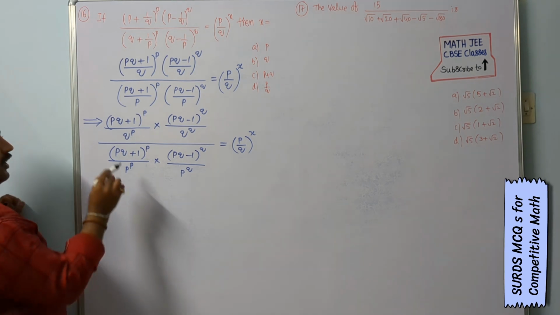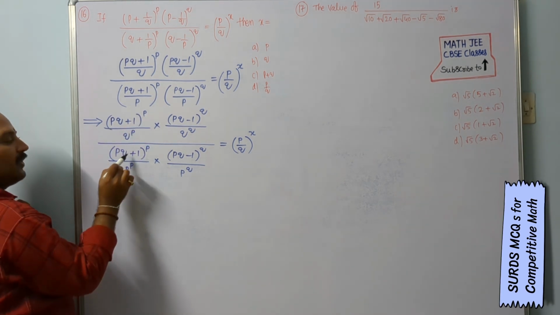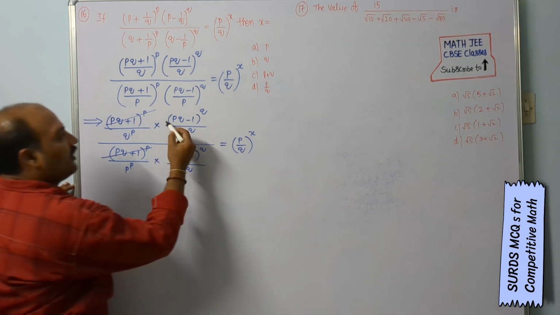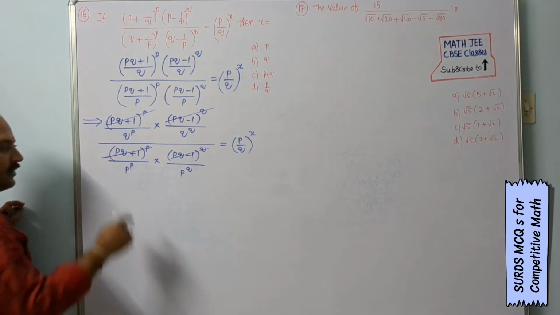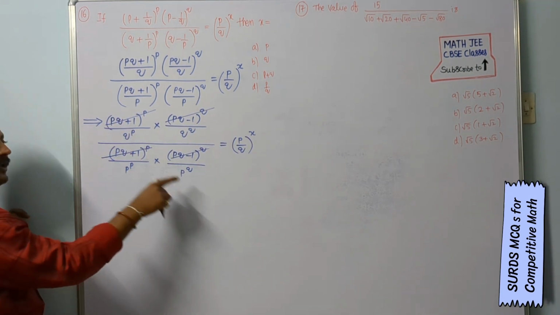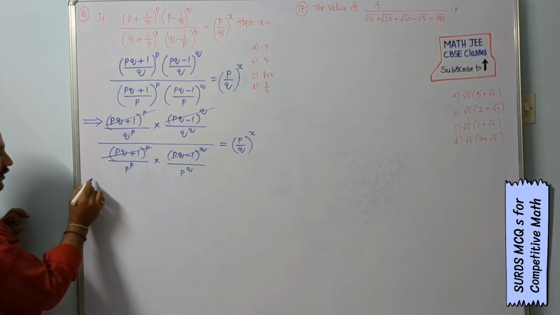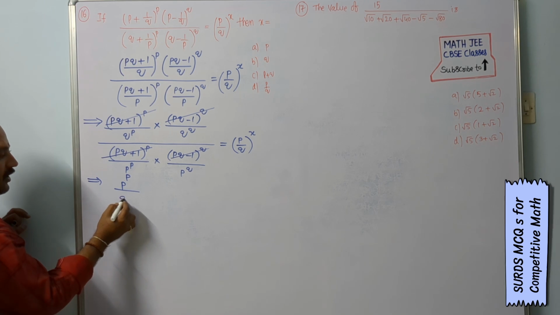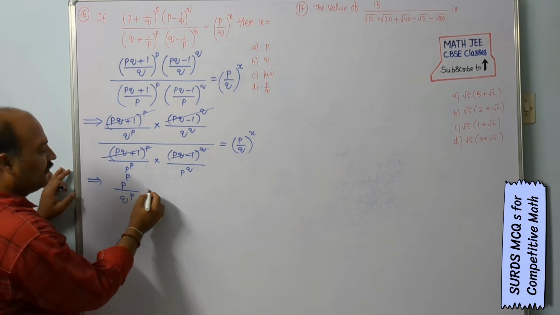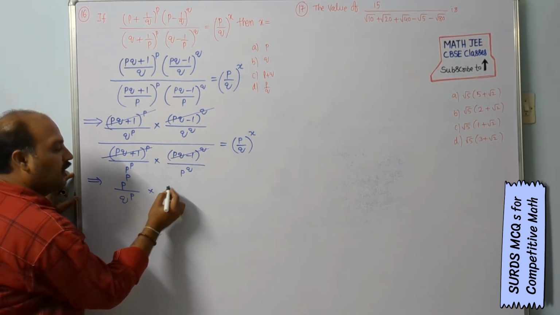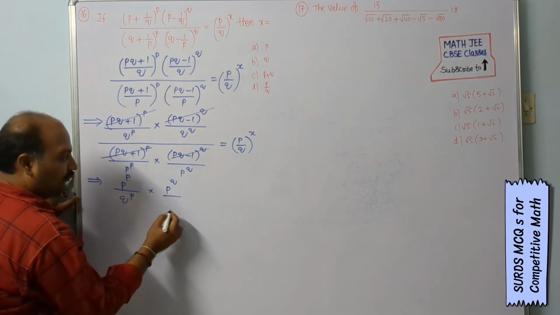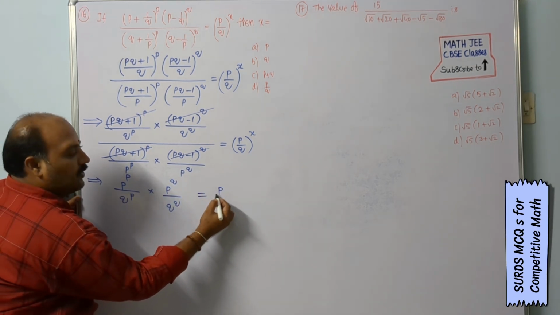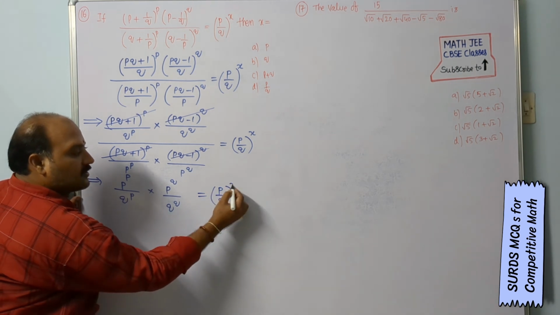Okay. Here (pq plus 1) whole power p, (pq plus 1) whole power p get cancelled. Even here also it will be cancelled. Denominator of a denominator becomes numerator. So it will be p power p divided by q power p into p power q divided by q power q is equal to (p by q) whole power x.